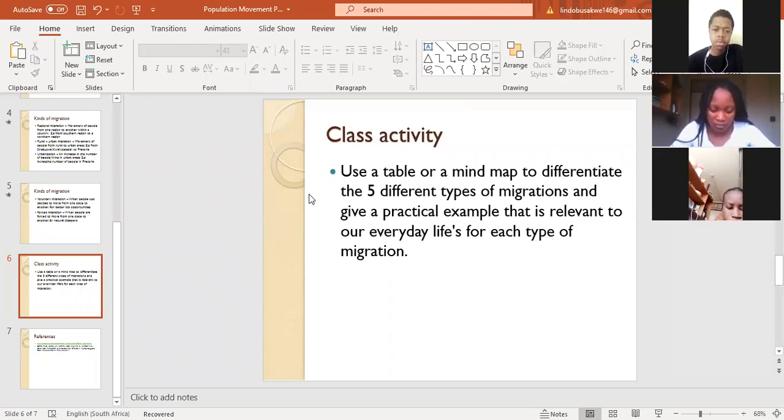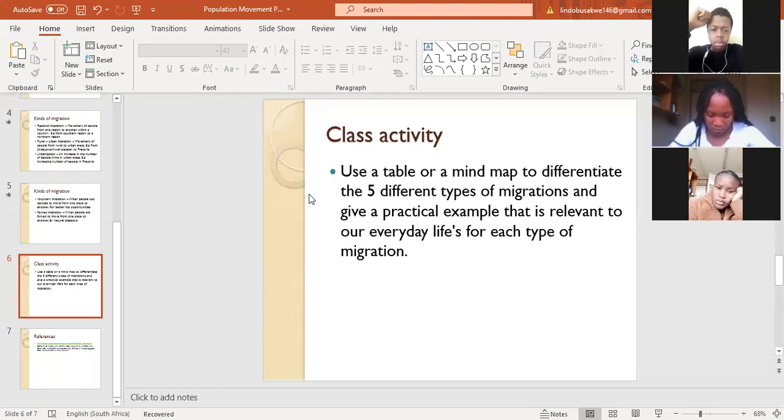So what you need to do is explain in your own understanding what that kind of migration is, and then you give an example, as I was giving examples such as the one in a South African context of rural-urban migration, when someone moves from Siyabuswa or Kwaggafontein, which are rural areas around KwaNdebele, to Pretoria, then we call that rural-urban migration. So you also need to give a practical example that is relevant to our everyday lives.